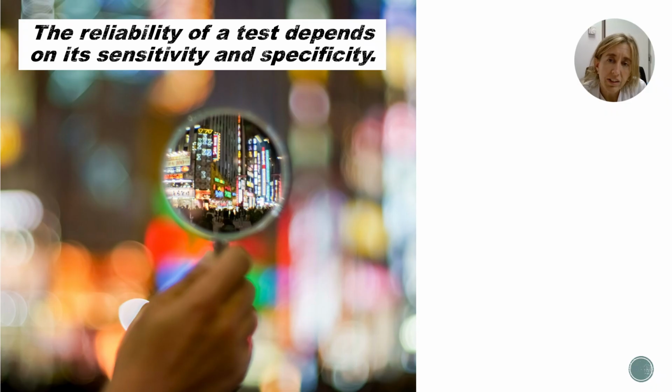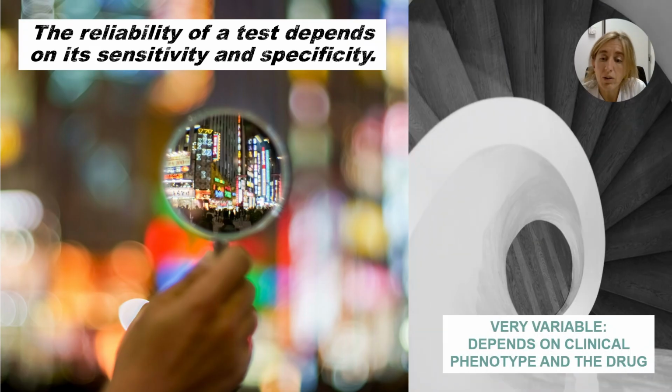So theoretically, the lymphocyte transformation test seems to be useful in all types of delayed hypersensitivity reactions. However, when the sensitivity of the test is evaluated in different series, it ranges from 17 to 100 percent, as summarized in several papers in the literature. So this is important to take into account. And also, this sensitivity and specificity depends on the clinical phenotype and also the drug that is involved.